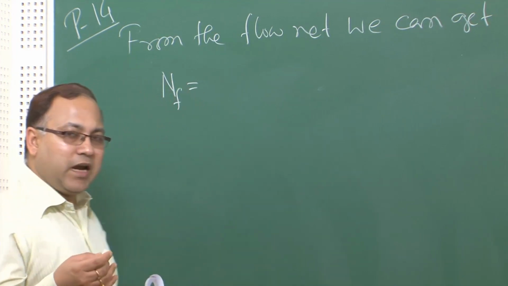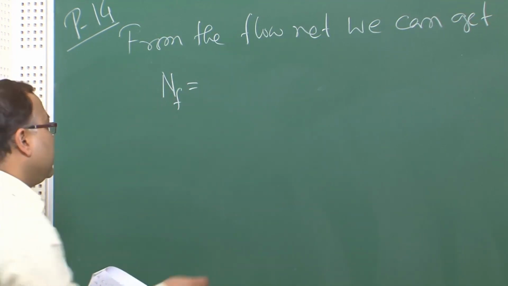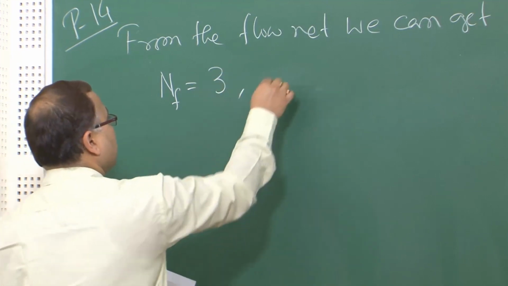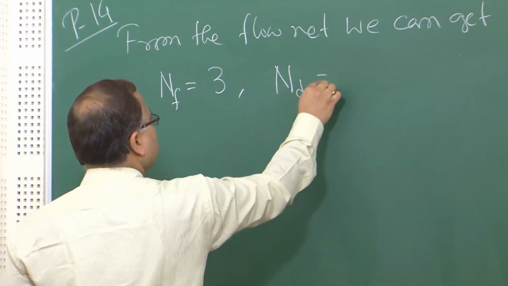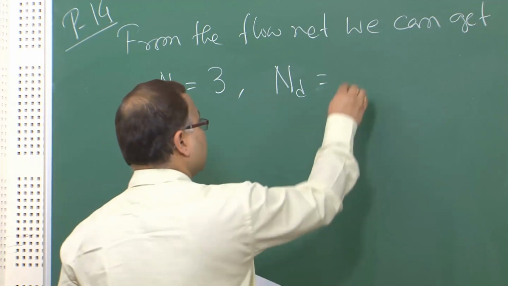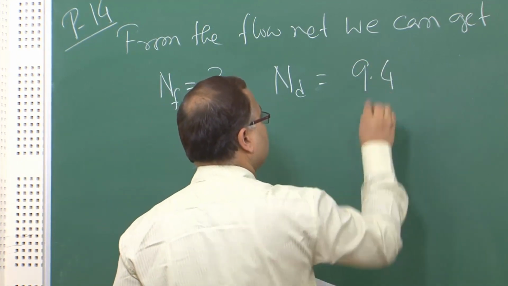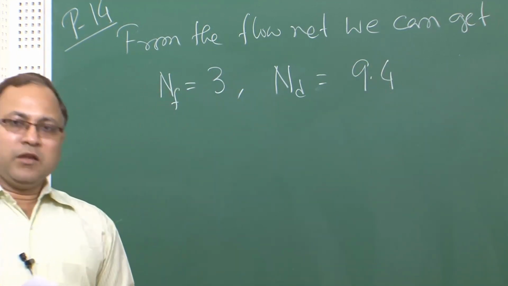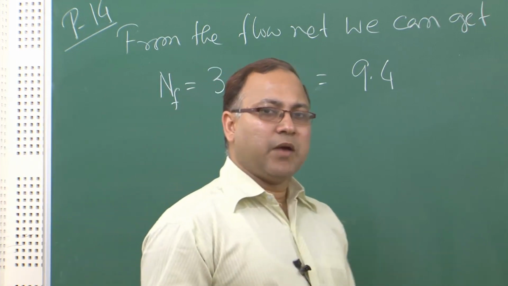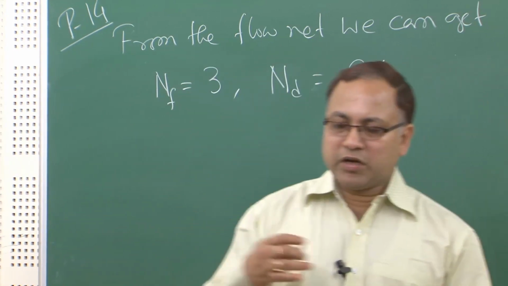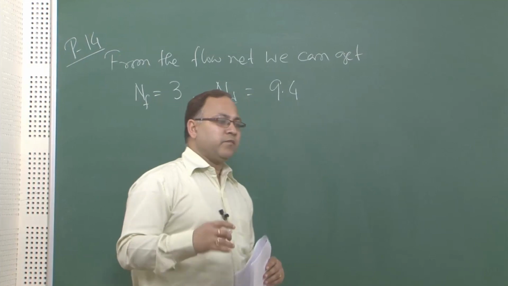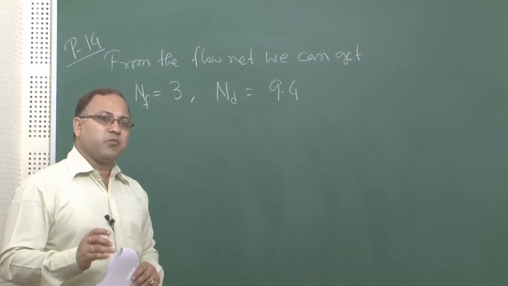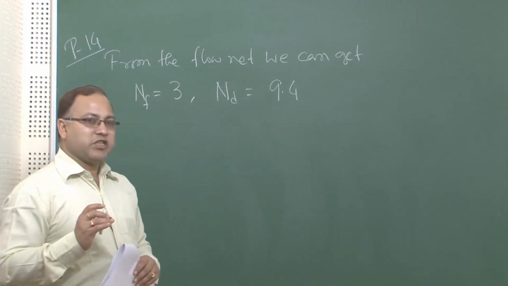If you look at the flow net, you will see that NF is 3 and ND, that is the number of potential drops, is 9.4. This fraction comes from how you construct the flow net. It is given in the problem that you have 9.4 potential drops.